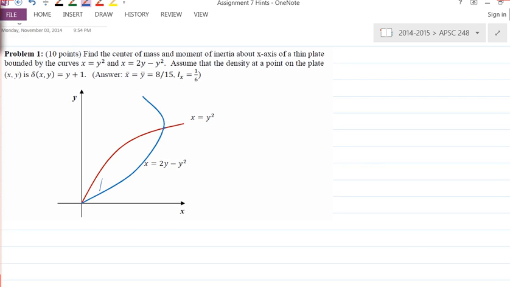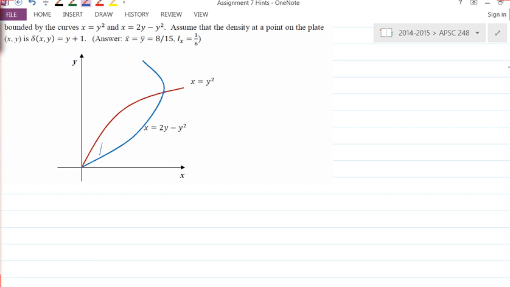So you need to know the formula for center of mass, x bar equals 1 over mass, times the double integral over that region R of x times delta xy, dx dy, and y bar is fairly similar except that this is y here.